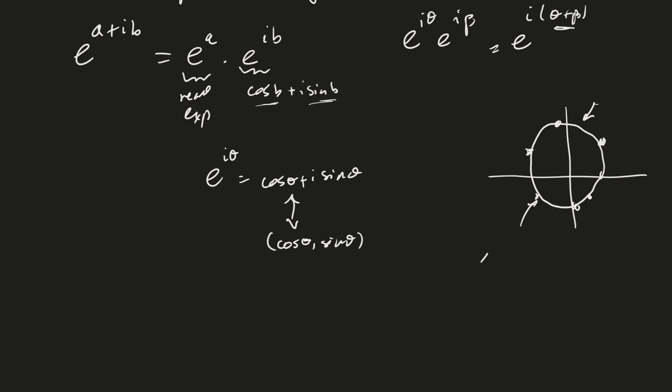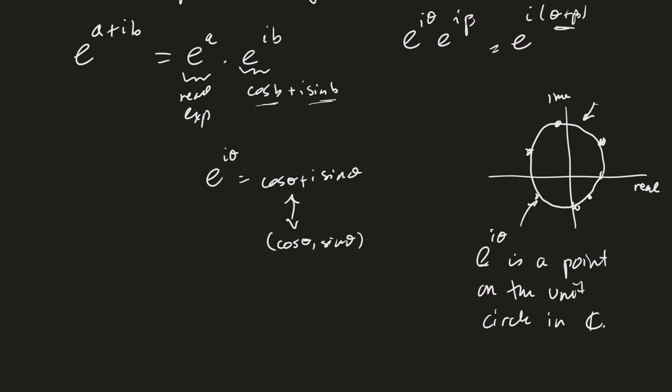So e to the i theta is a point on the unit circle in the complex plane. So it's real and imaginary. Okay, so sometimes that's kind of handy to remember. e to the i theta does not blow up. e to the i theta just goes around the unit circle.